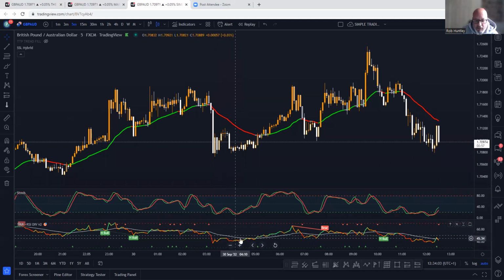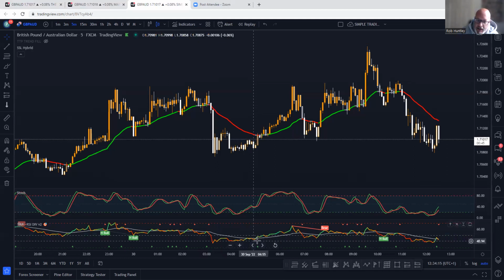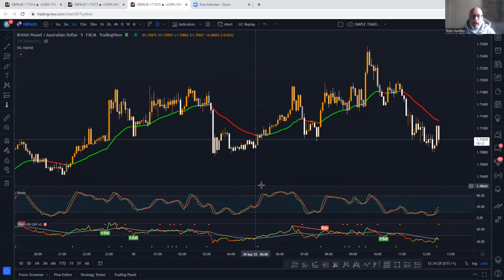So really, we're looking for an ideal point like here, where the divergence indicator is crossing the floating line, and yes, it's still below the 50, but it's not that far off it, and you can see it's pushed up, so that would have been a good place to get in. So that's that one.